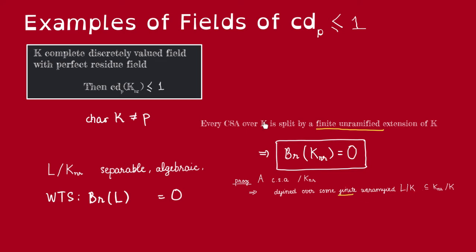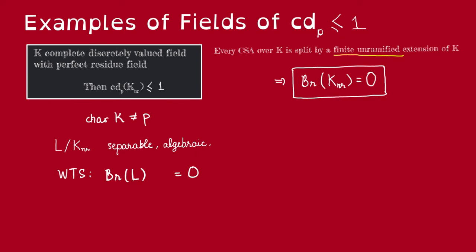So now we apply the theorem for L instead of K. So A is a central simple algebra over L. So A should be split by some finite unramified extension M of L. But this M must still lie inside K^ur. So then that means that A must be split by K^ur, and so that means that the Brauer group of K^ur must be trivial.